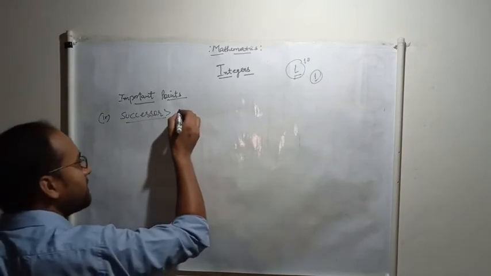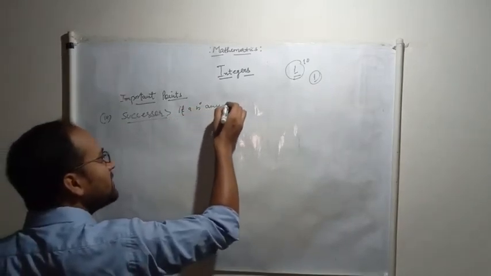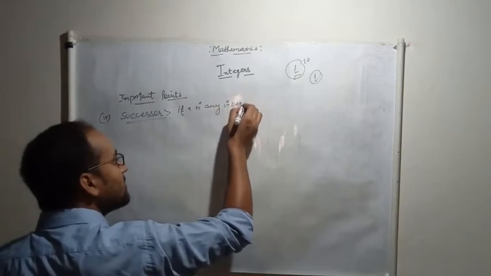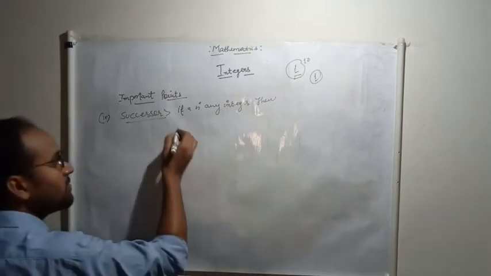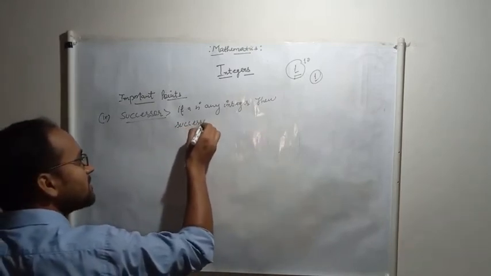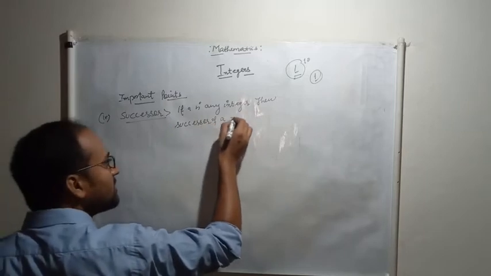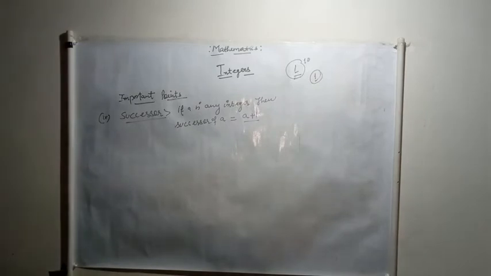Suppose a is any integer, then the successor of a is equal to a plus 1. By adding 1 to the given integer, you get the successor.